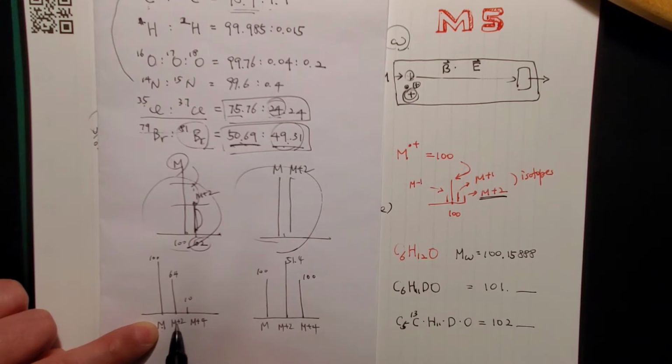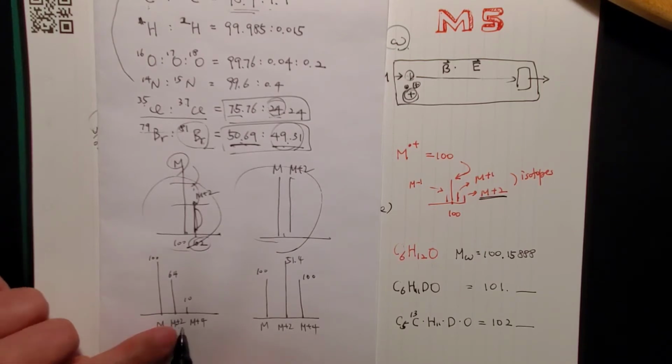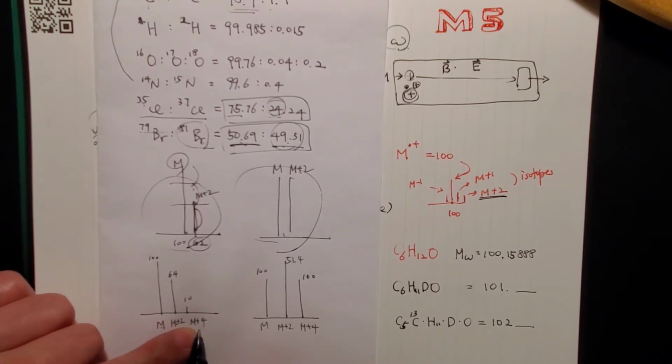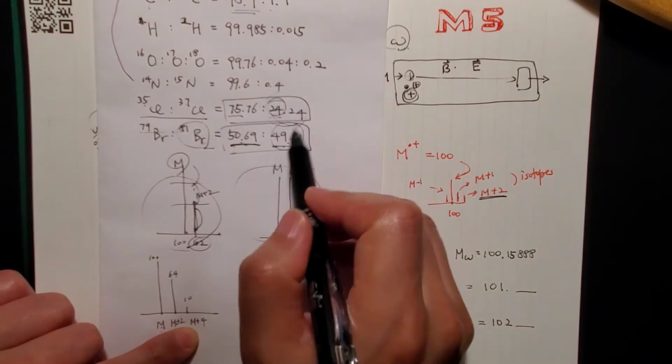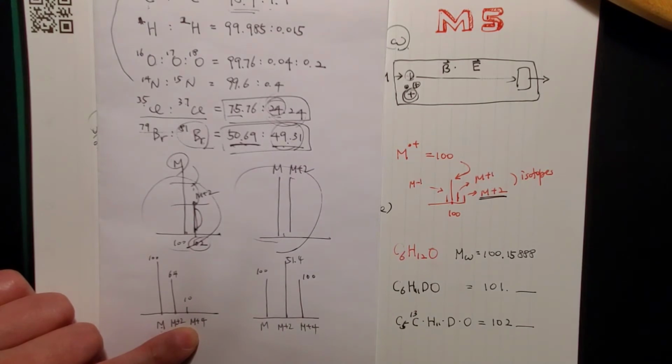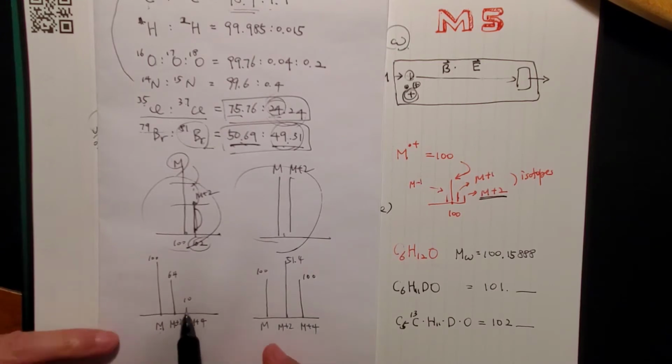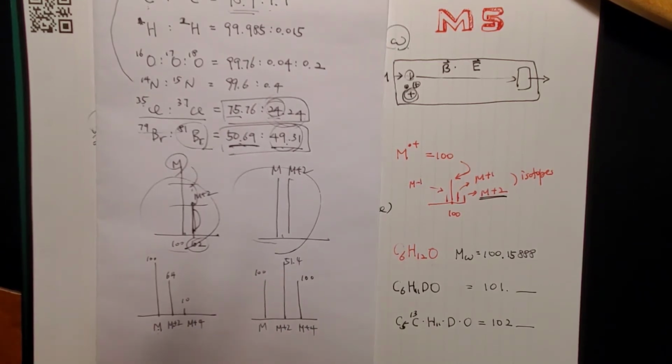When you have one chlorine 35 and one chlorine 37 isotope, it's about 64% of the intensity of the M peak. The chance to have both chlorine 37, the abundance is only 24%, so about 24% of 24%. So it's about this intensity. So bang, bang, bang. You have some significant size though.